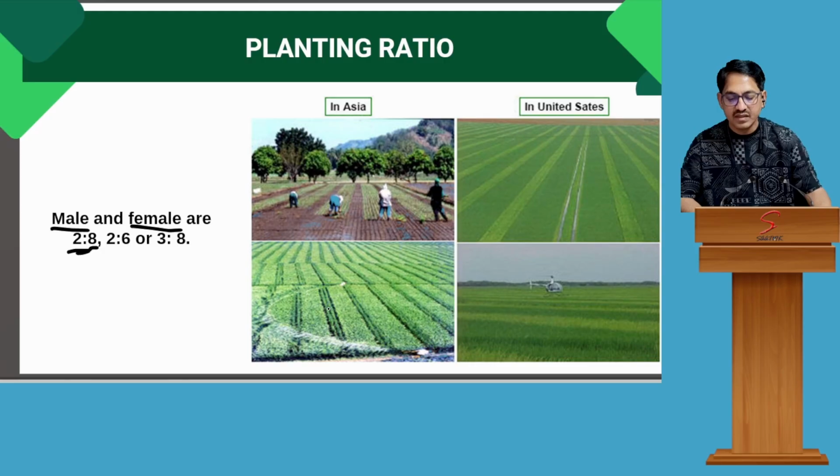These are the male lines, two rows of male parents, and 8 or 6 rows of female parents. The two rows of male parent are sufficient to provide the pollens to the 6 and 8 lines of female parents so that the seed setting on female parents is good.